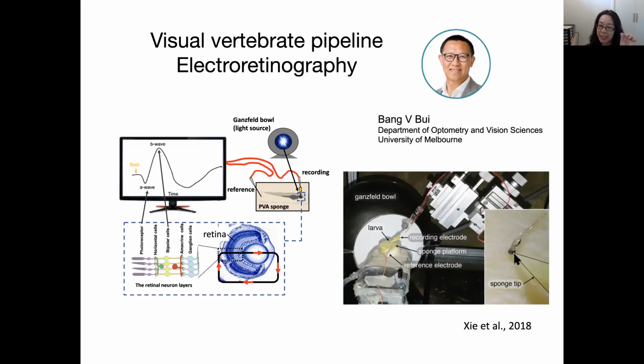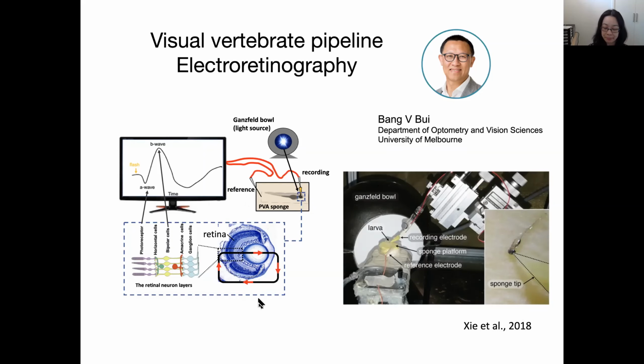And so he very gently touches the eye of the larva. We shine a light and we record basically the response in the eye. So we have a reference electrode under the wet sponge. We shine the light and we get a readout of the response of retinal neurons, which allows us to look at the visual performance.